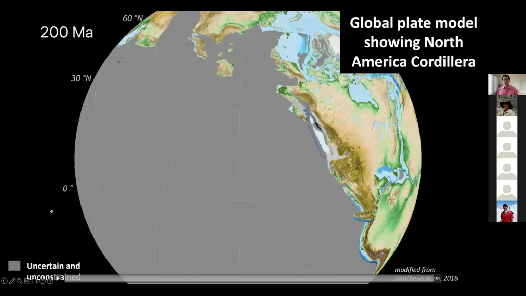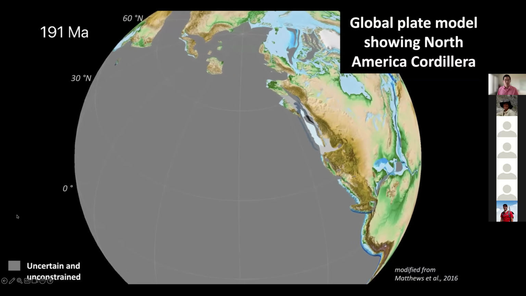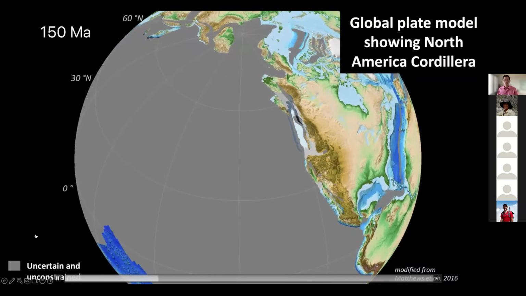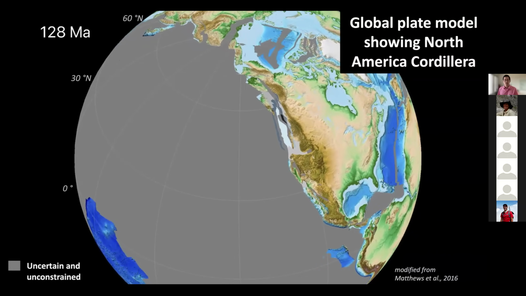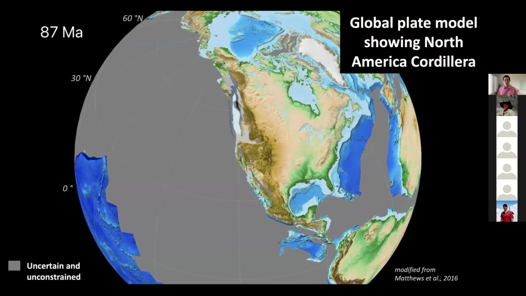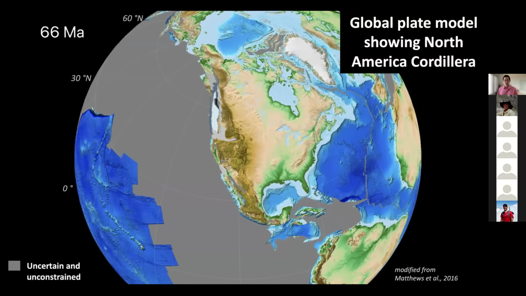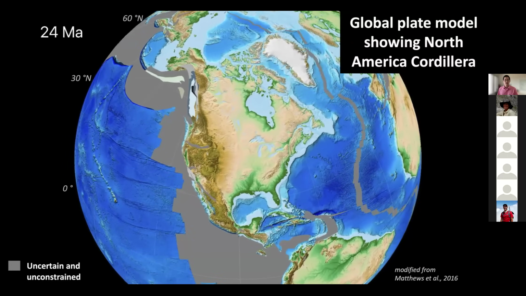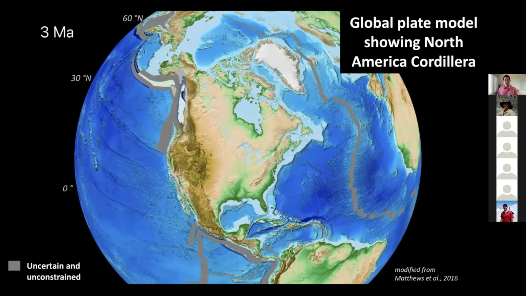Here in gray, you can see the uncertain and unconstrained areas, starting in the Jurassic. At some point, you'll start to see the Pacific plate forming in the Central Pacific and growing. At this time in the mid-Cretaceous, there's still a significant gap. You can see North America moving. And then finally, we're getting into the mid-Cenozoic to the present day.